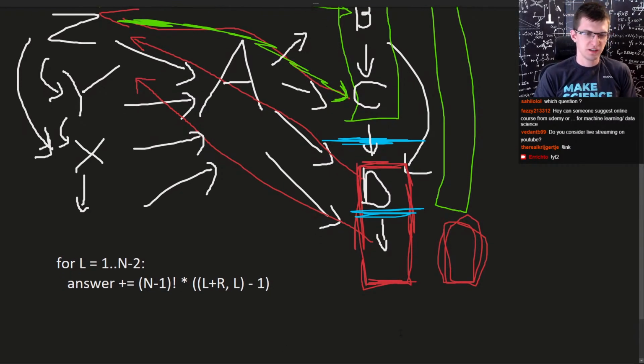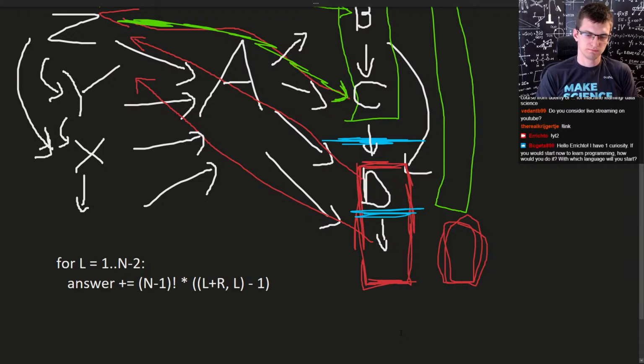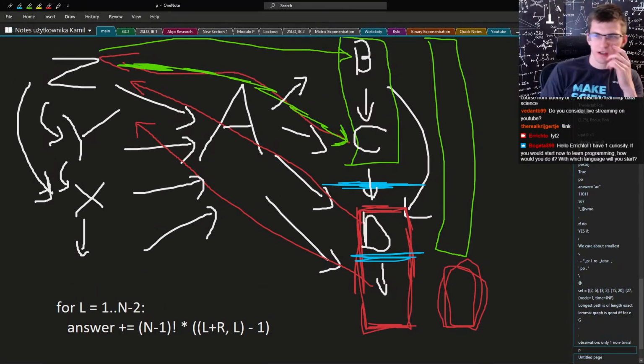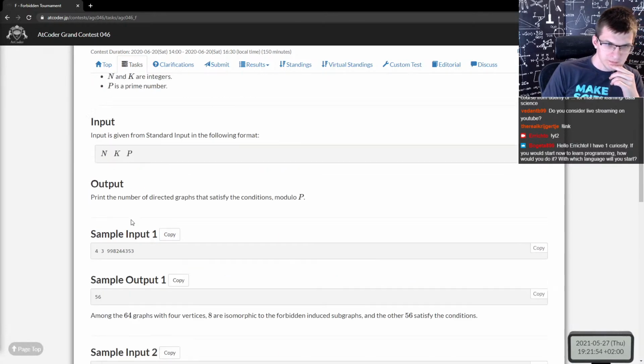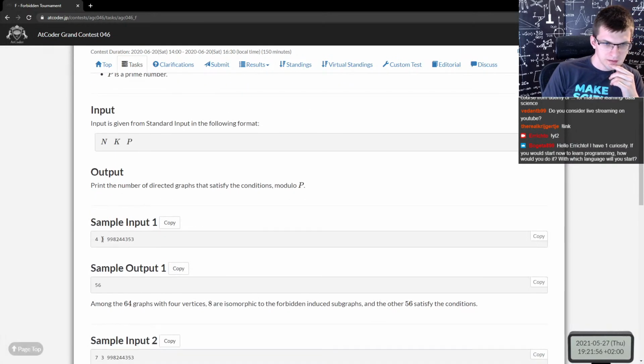L is size of the left side. That's it. And this will be the number of the... Do we have a sample where k is equal to n minus 1? We do.